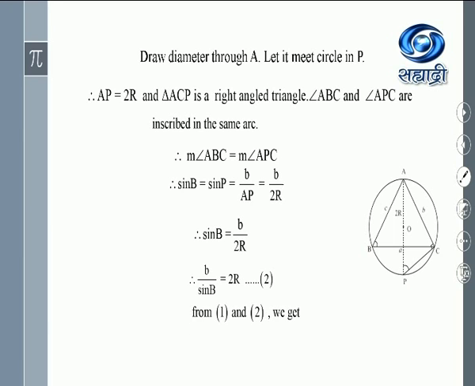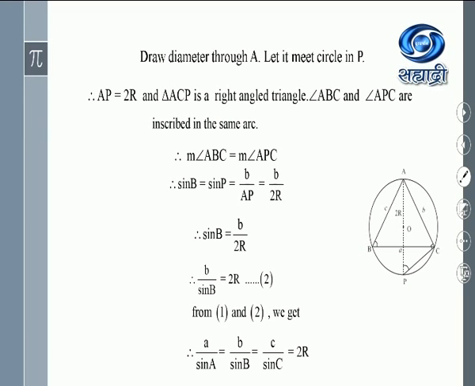Now from equations 1 and 2 we get, what is equation 1? A upon sine A is equal to B upon sine B is equal to C upon sine C. And one of the ratios, B upon sine B, we got as 2R from equation 2. Therefore, we collect these two equations together and we write A upon sine A is equal to B upon sine B is equal to C upon sine C is equal to 2R.